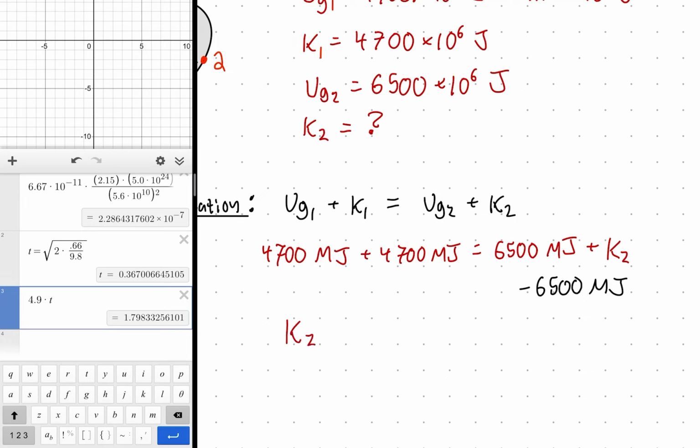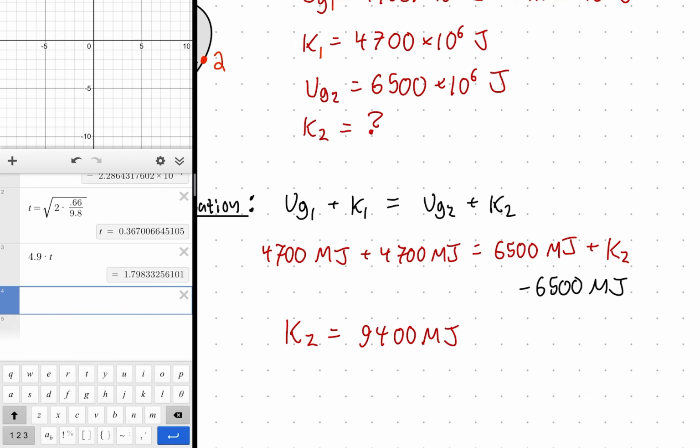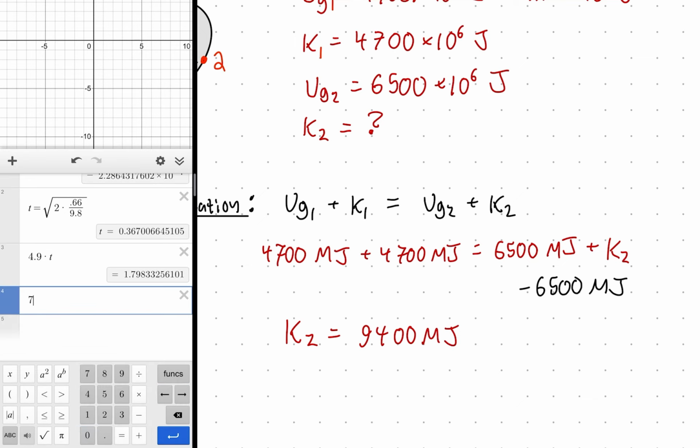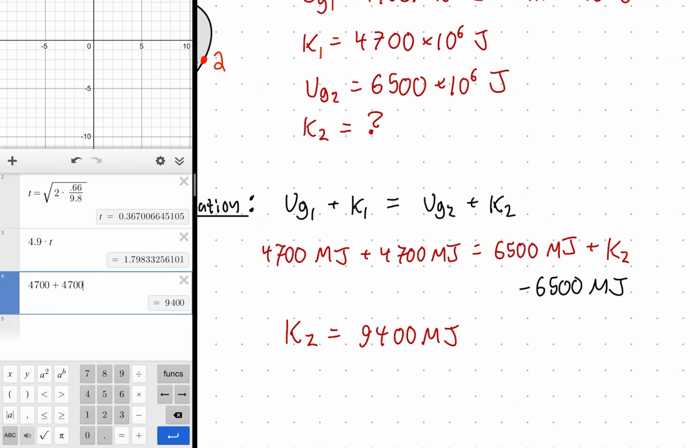We have that the kinetic energy at point 2, the point where the potential energy has gone up to 6,500, is just going to be, oh, what's this one? This would be 94, right? So 9,400 megajoules, because 4,700 plus 4,700. Let's confirm that I didn't make an arithmetic mistake there. 4,700 plus 4,700, 9,400, right?